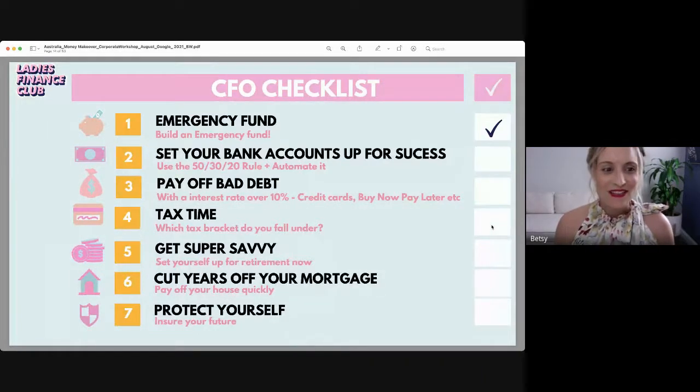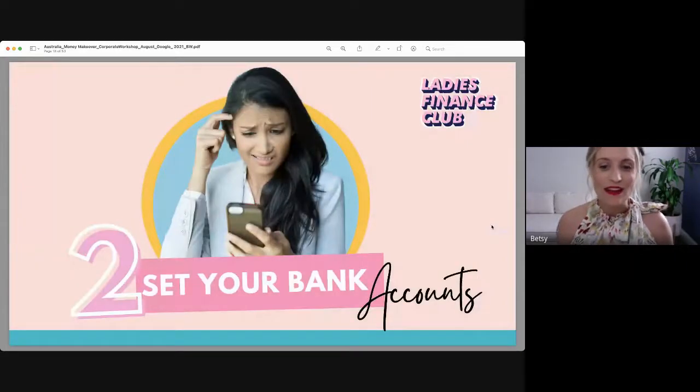Okay. So we've touched on why setting up your bank accounts is really great for the OMG fund, and occasionally having them with a different bank where it's a little bit harder to get to. But we're also going to talk about how you set up your bank accounts to ensure that you are on track with your financial goals.